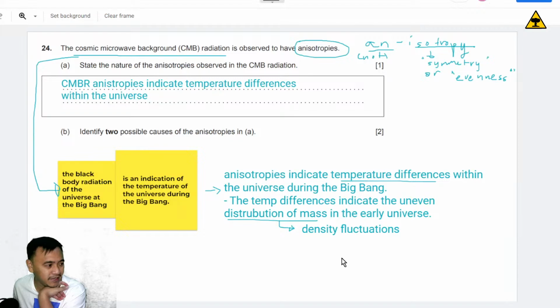That means there should be about the same amount of matter and antimatter in the universe. But if so, where's the antimatter? All we see in the universe is matter.